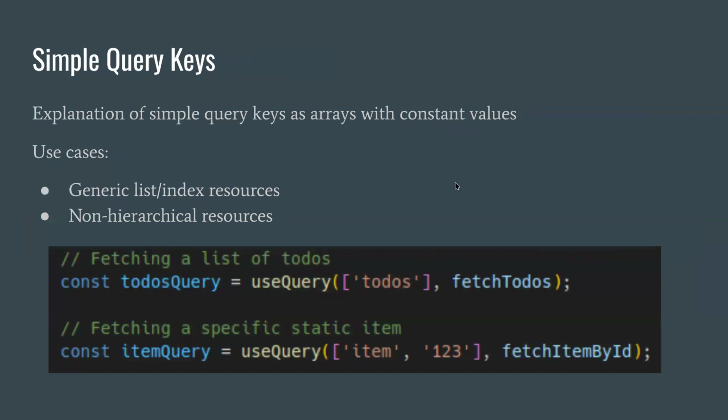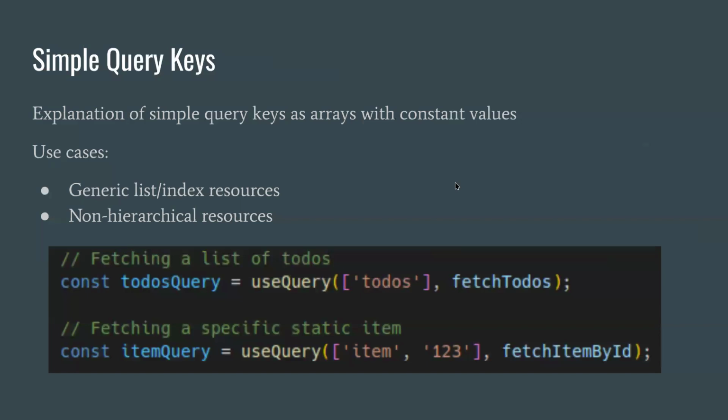Simple query keys. Simple query keys are straightforward. They are just arrays with constant values. These are especially useful in scenarios where the data structure is flat or non-hierarchical. Say you are fetching a general list of tasks or to-dos, then your query key would simply be to-dos.